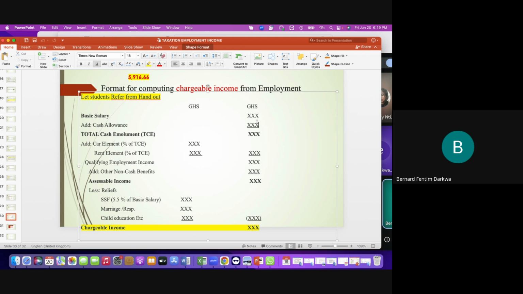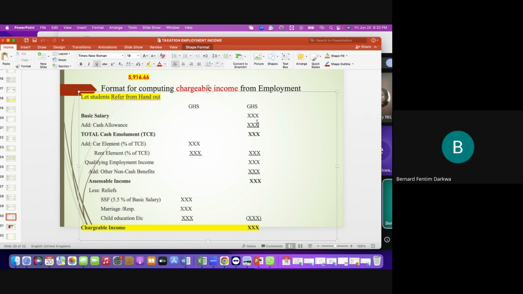If the salary of the maid servant was given to the employee to be handed over to her in the house, that amount will be treated as part of that employee's cash allowances. So when I list cash allowances, you write maid servant, then the amount. But in the same question, if they tell you that the maid servant was paid directly, then it changes the whole thing.